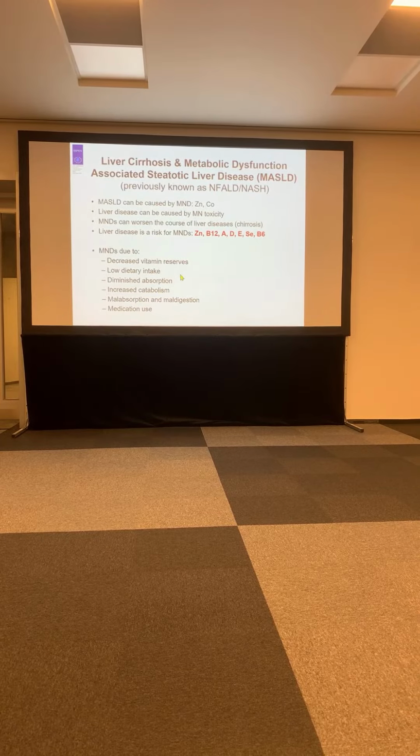Often there is low dietary intake, the appetite is bad, diminished absorption because the metabolism is wrong all the way, and catabolism. These patients have higher metabolism than the others. And due to several hormones not at the right level, they have malabsorption, maldigestion, and they are on medication which often has an impact.